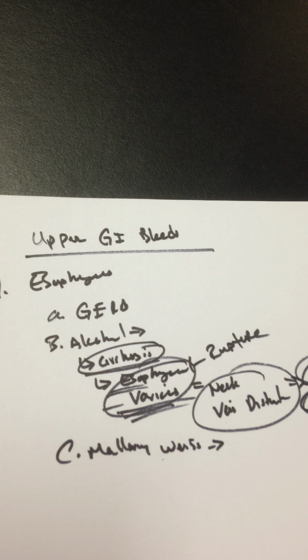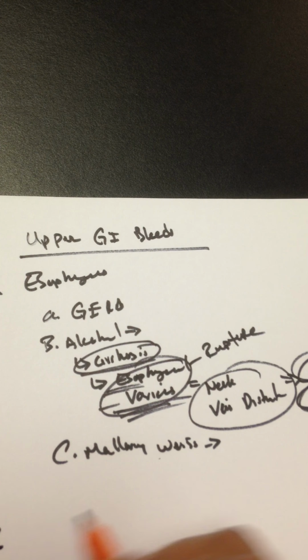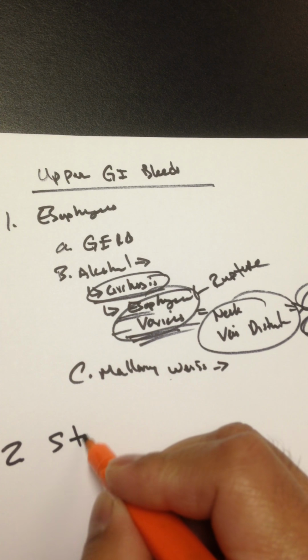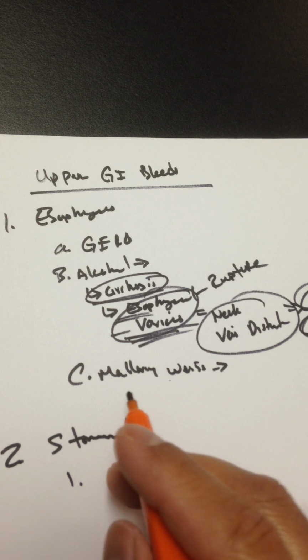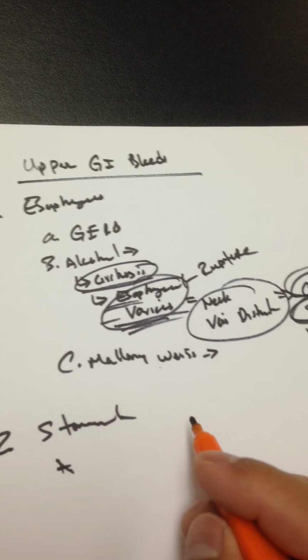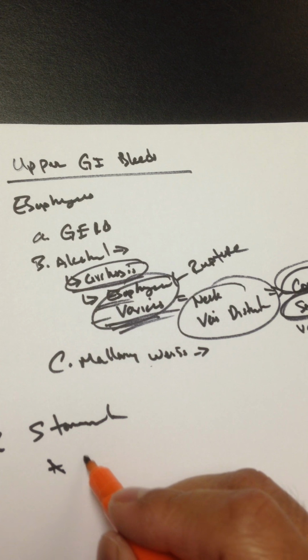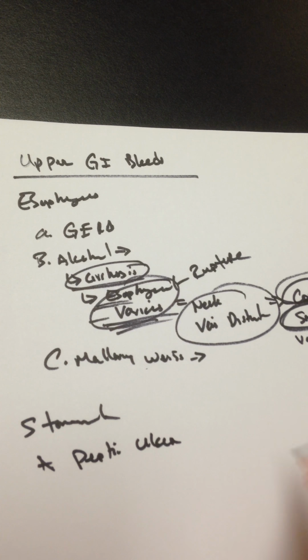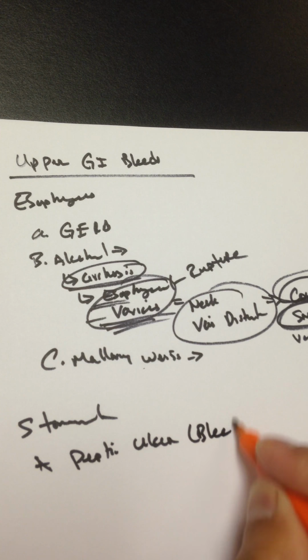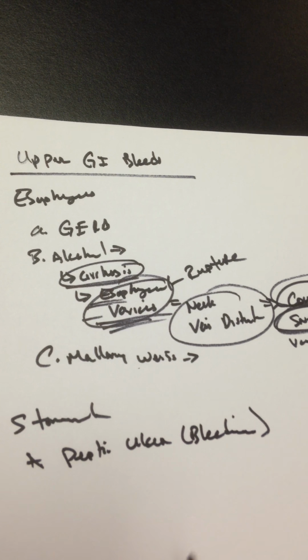Now let's focus on the stomach. What are some causes? Let's go with A here. Peptic ulcers. Bleeding peptic ulcers.